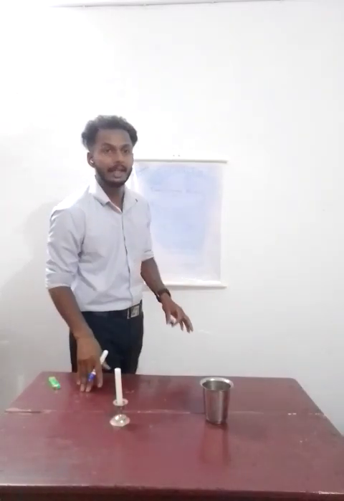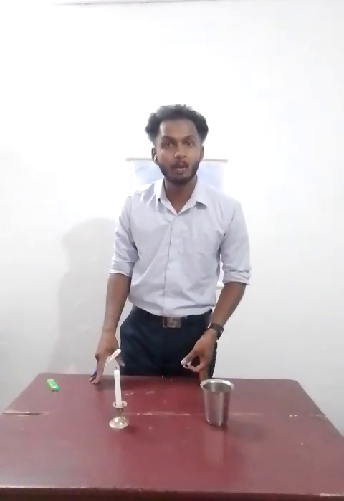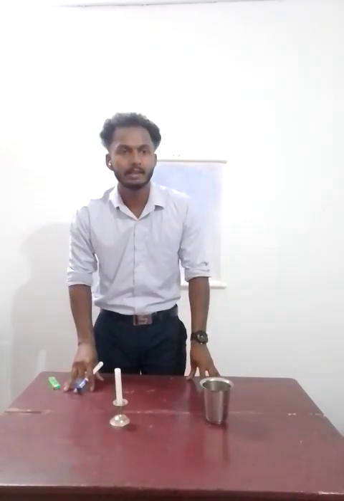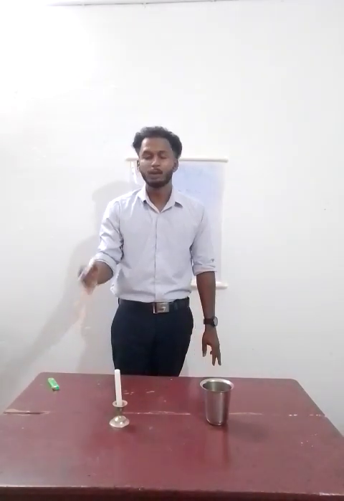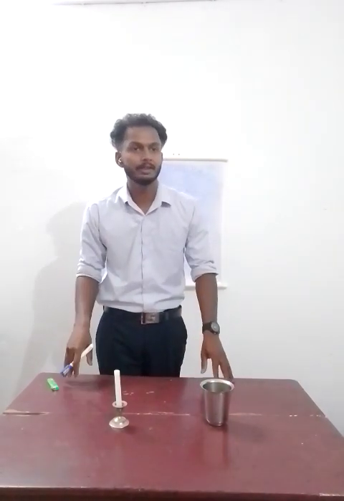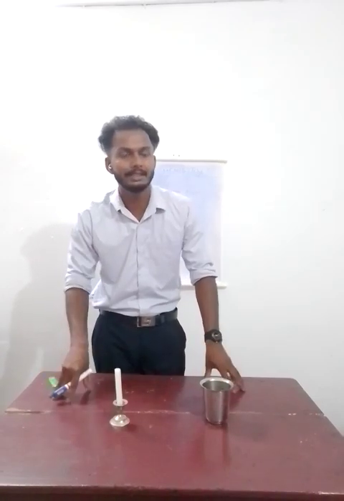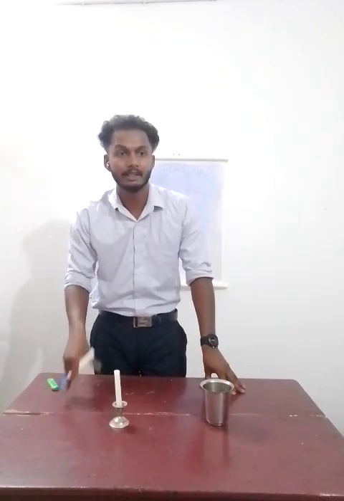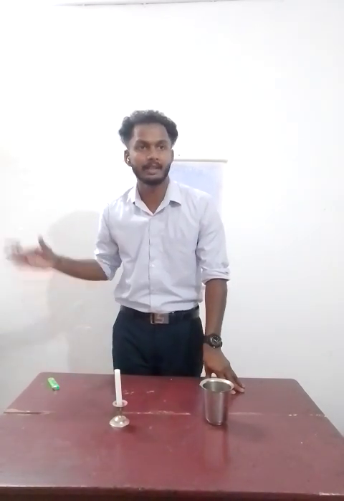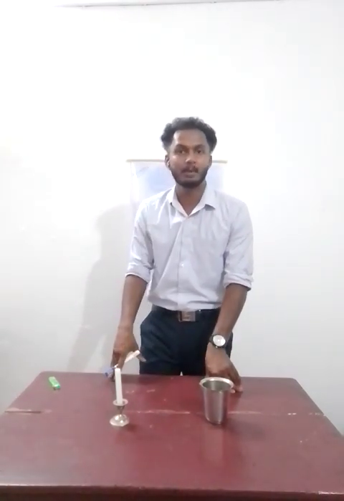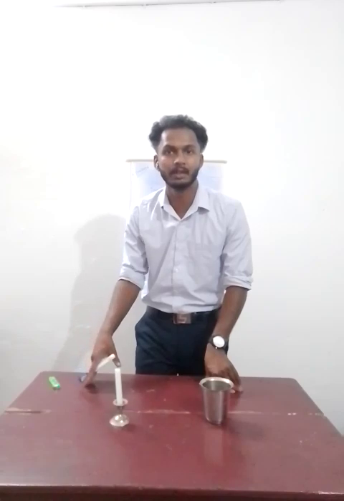A solution that contains more amount of solute than that is required to saturate it is called a supersaturated solution. In the two experiments we have already seen that, isn't it? In the first experiment we added salt to the saturated salt solution, it got dissolved. In the second video, ammonium chloride is added again to the saturated ammonium chloride solution, it got dissolved.